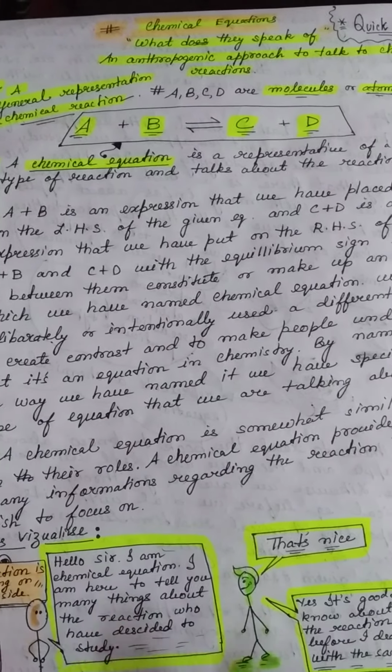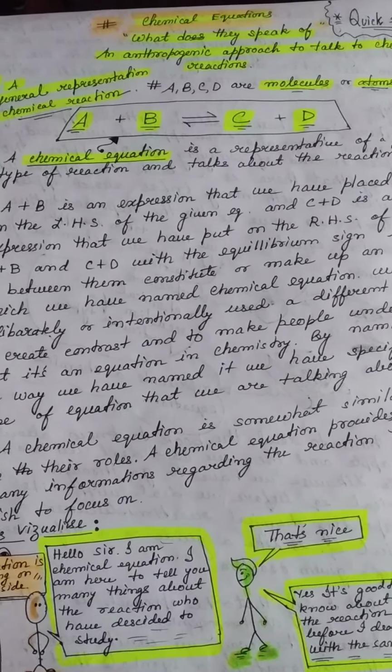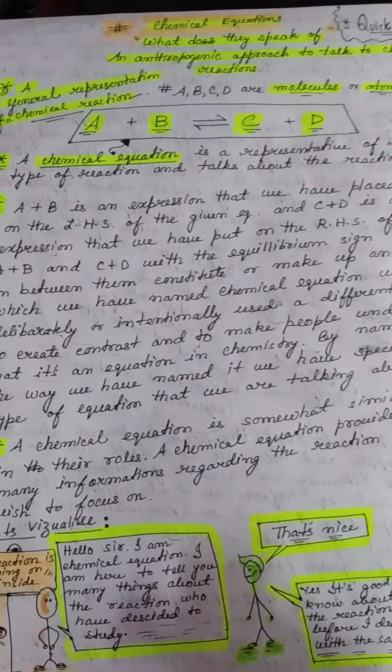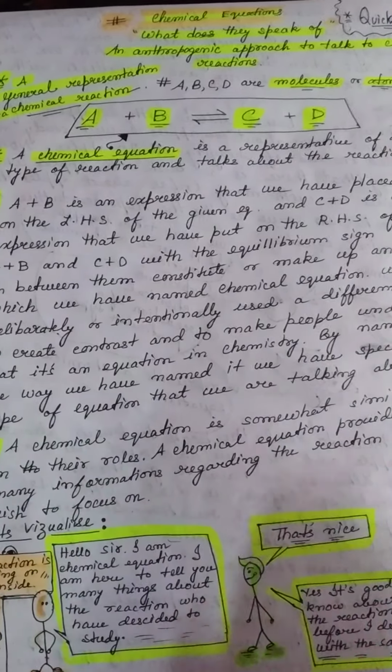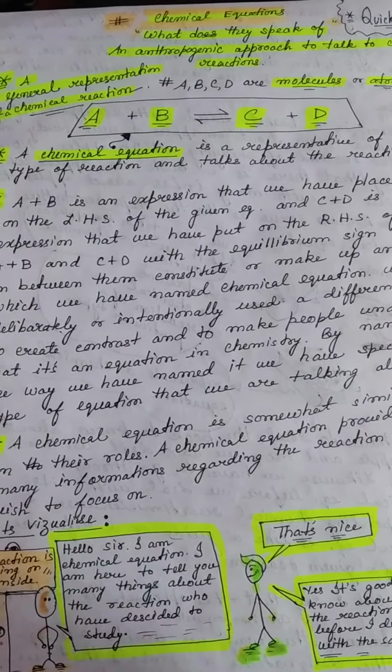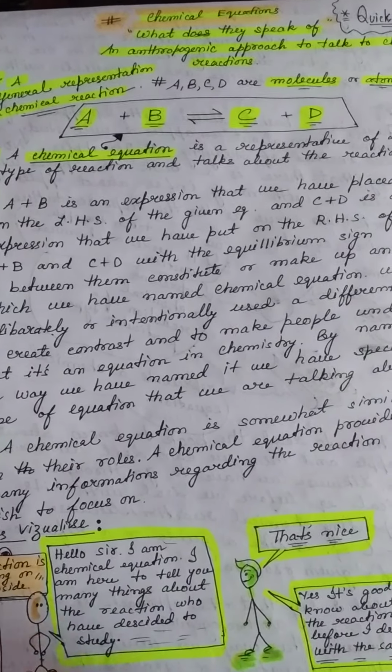So do not get confused, and that's a matter of common sense. We already know that a carbon atom doesn't look like capital letter C, or a hydrogen atom doesn't at all look like capital letter H.